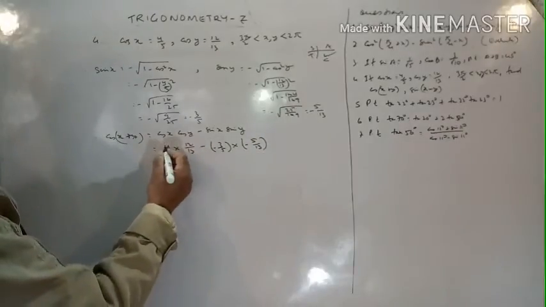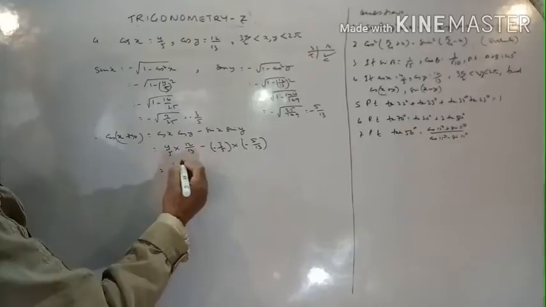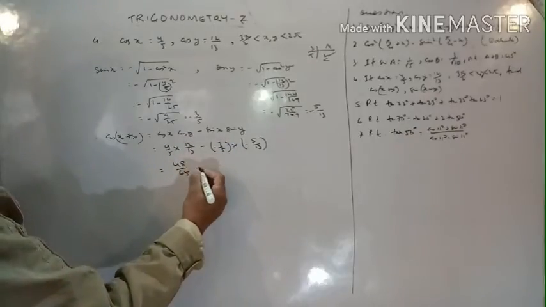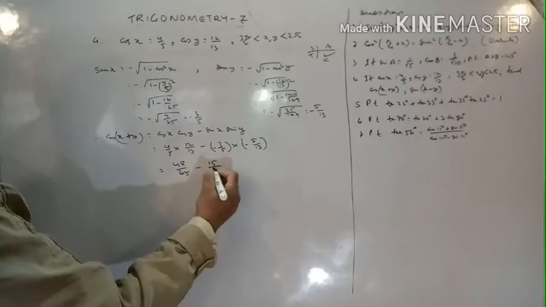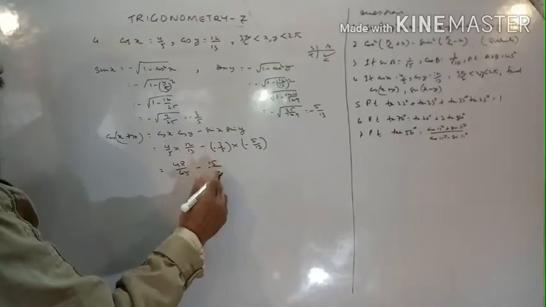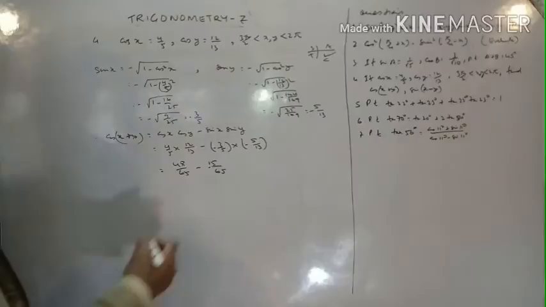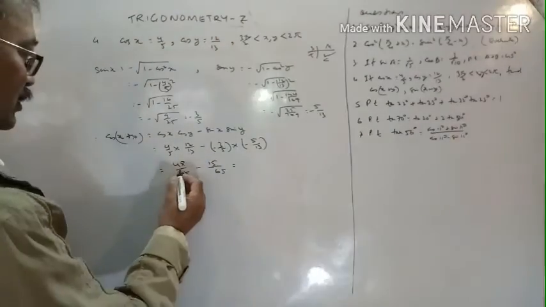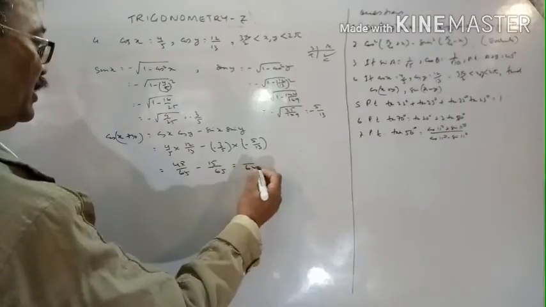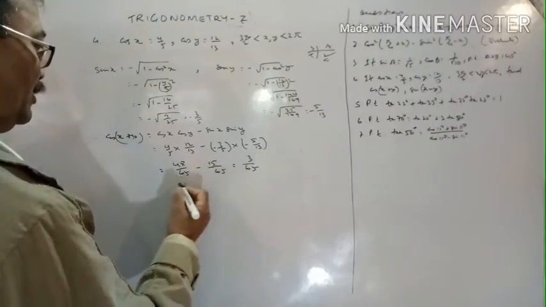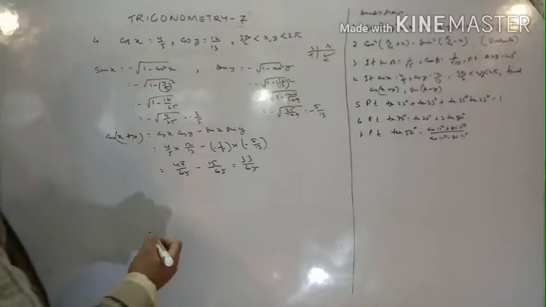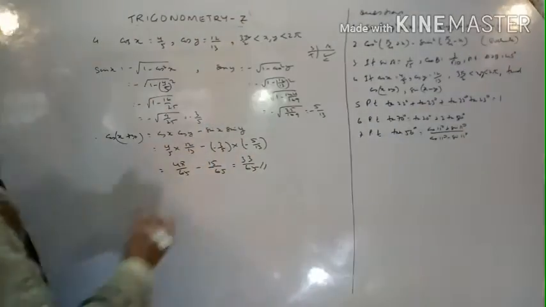So here 48 by 65, and minus minus plus, plus minus minus, 3 5s are 15 by 65. If you subtract here, since denominators are same, LCM is 65 only, so 48 minus 15 is 33 by 65. So this is the value.